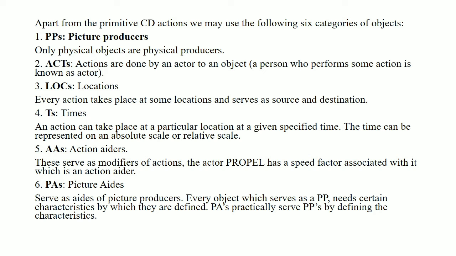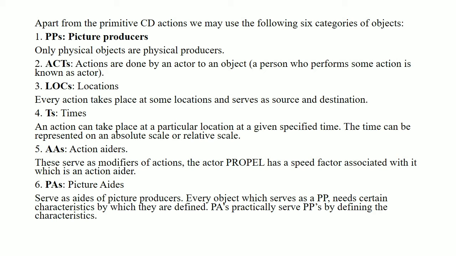And action aiders are modifiers. Modifiers mean you are describing some action. Propel has a speed factor associated with it, which is an action aider. And picture aiders serve as aids of picture producers. For every object which serves as a PP, you indicate, for instance, whether it is beautiful; that is picture aids.